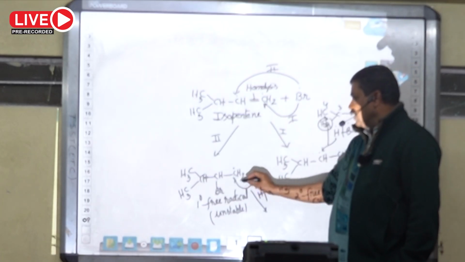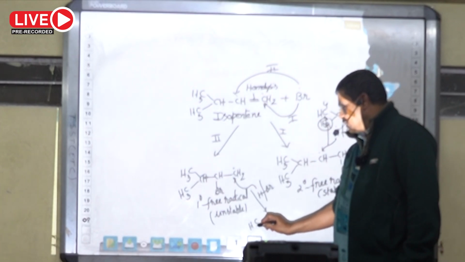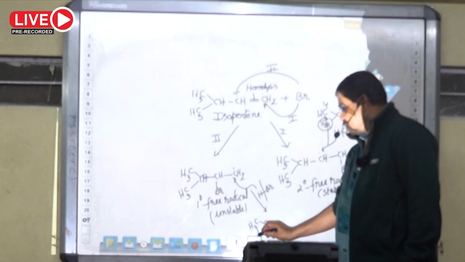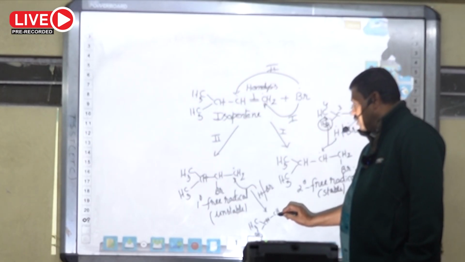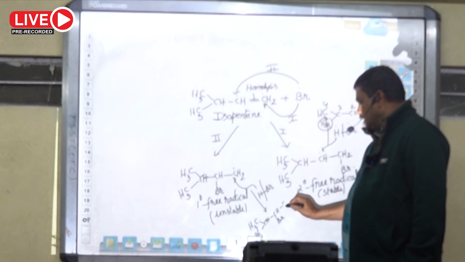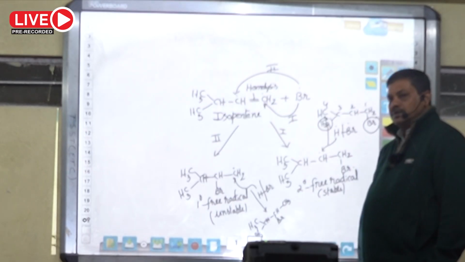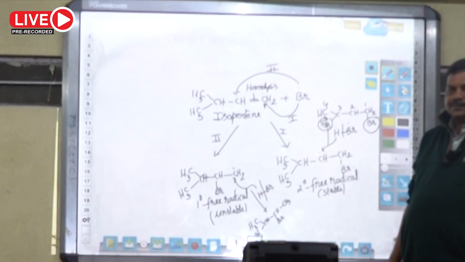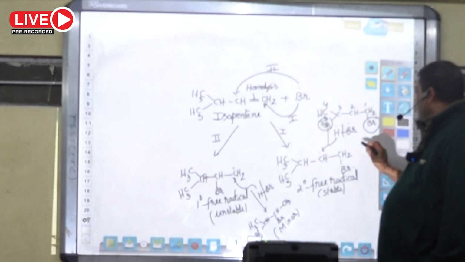H will take, so you will get a different product: CH3CHBrCH(CH3)CH3, 2-bromo-3-methylbutane. This is a minor product. This is a major product.